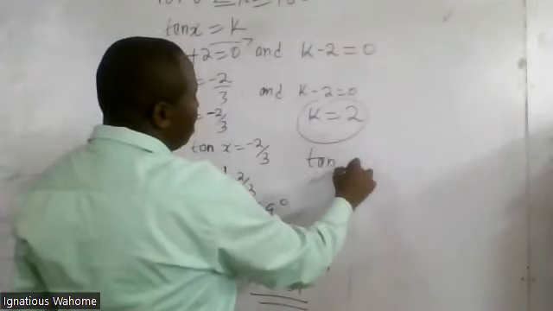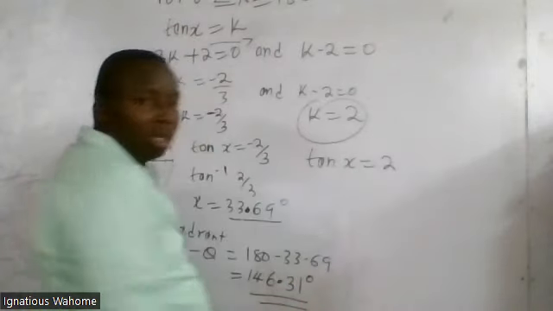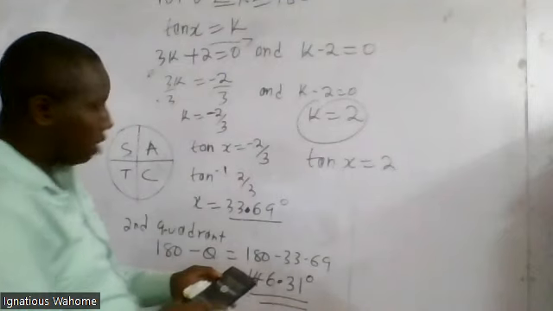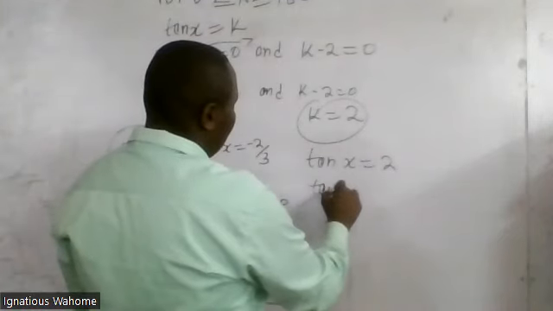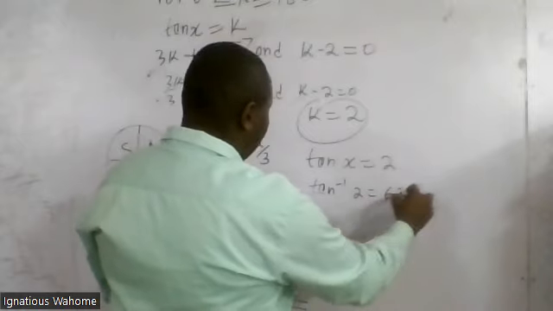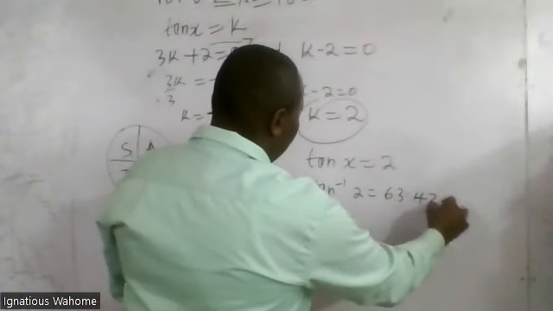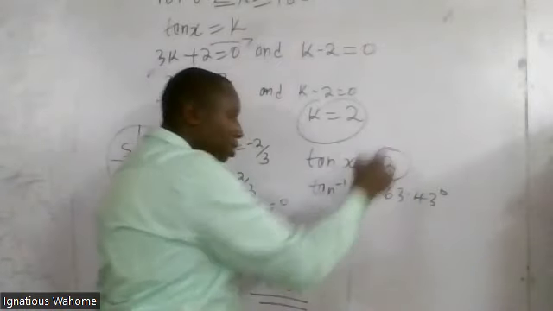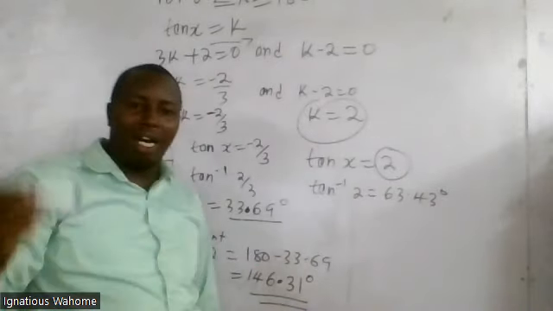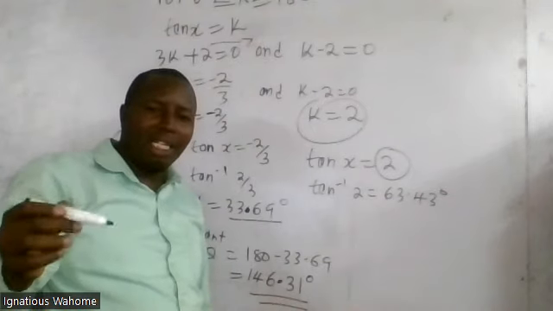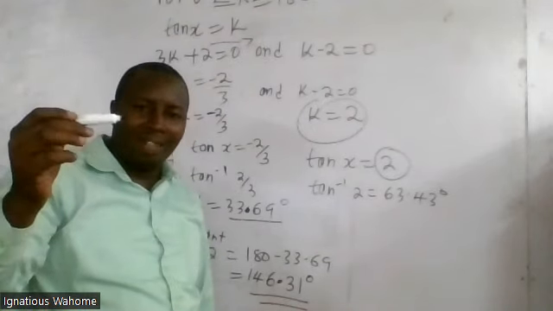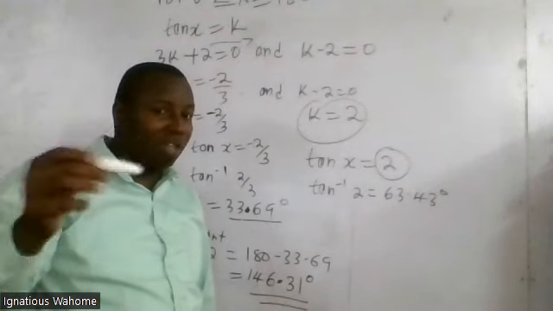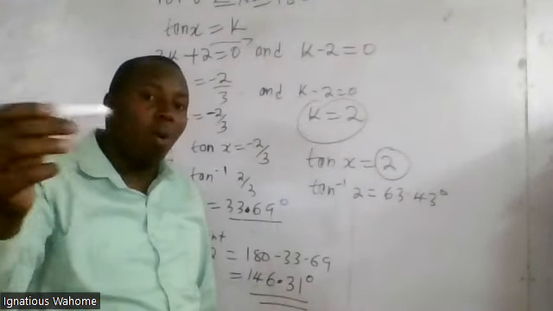Our tan x is equal to 2. Are we able to get tan inverse of 2? Yes, and tan inverse of 2 gives 63.43. Because this value is positive, we need to know where tan is positive, and the value of x should not go beyond 180.